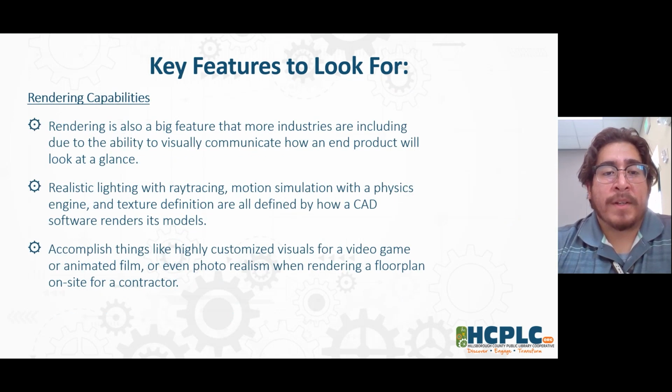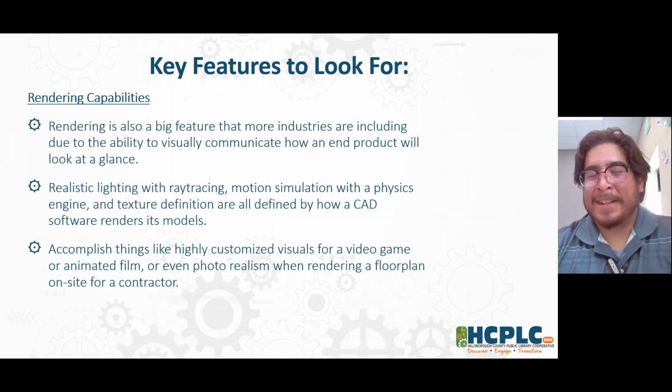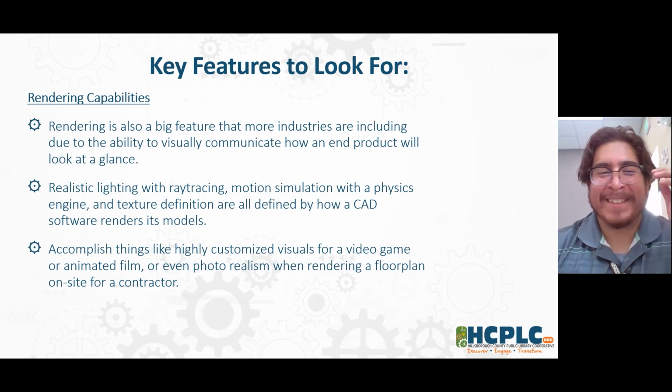Another key feature to look for is rendering capabilities. So rendering is a very broad subject as well. As you can see, CAD throws a very wide net. So rendering is basically how does the software handle visualizing an object.